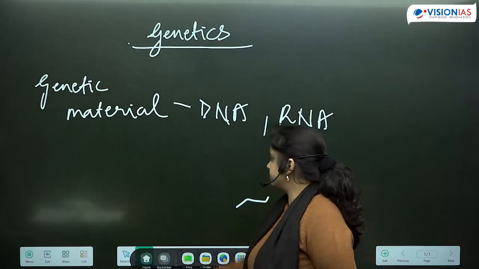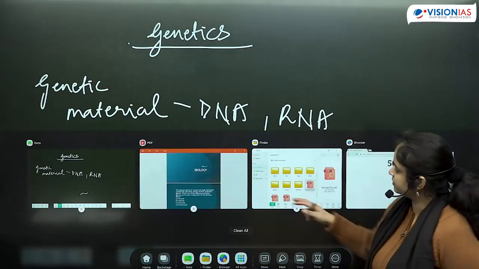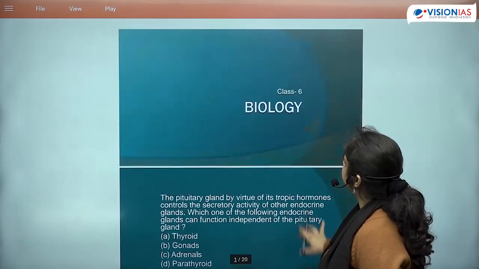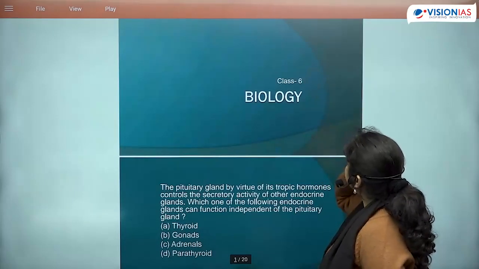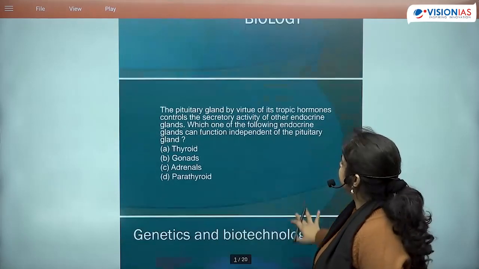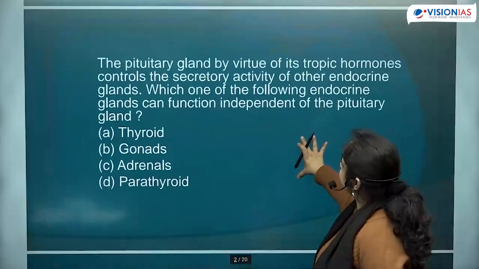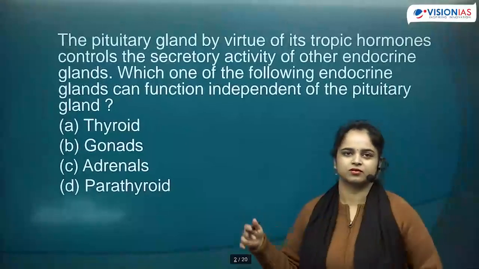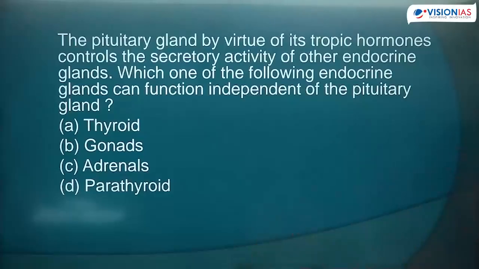Now we also had to see this question. So just going slightly backwards. This should be 5. Okay. So the endocrine system which we studied, this is a question based on that.